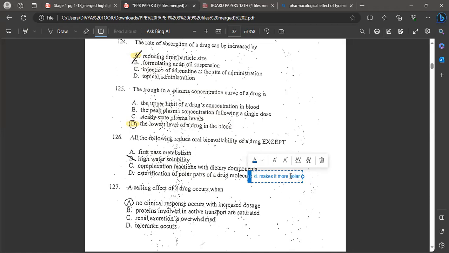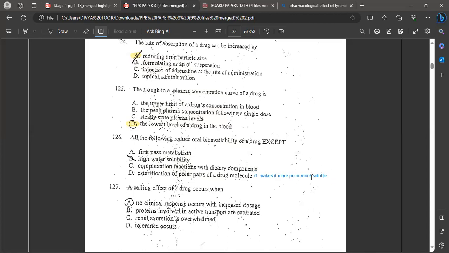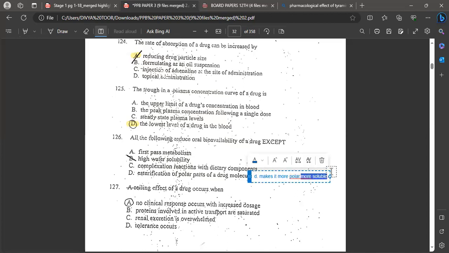So you're saying it makes it more soluble? Actually go with B because if you're esterificating parts, I don't think we're going to improve any solubility because it's already soluble. We're already adding a polar group to another polar group. So I don't think there's any new change in that, but I'd actually go with B, but you can confirm it.